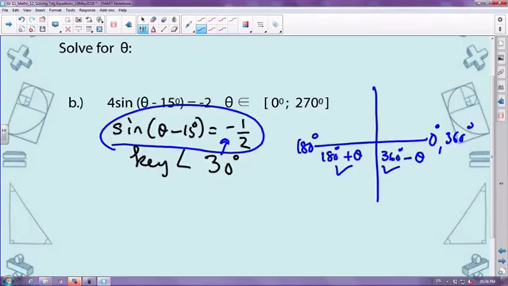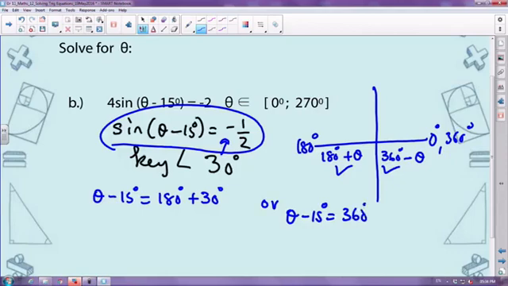Okay? Right. Now, so we have your theta minus 15 equals 180 degrees plus 30, all right, or theta minus 15 is 360 minus 30. Now guys remember, for now we're just checking from 0 to 270, okay? But what I would suggest here is to find the general solution, which we're going to do shortly.